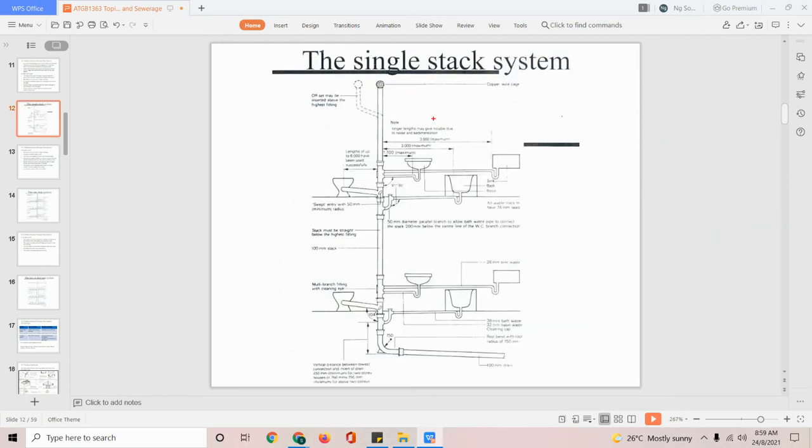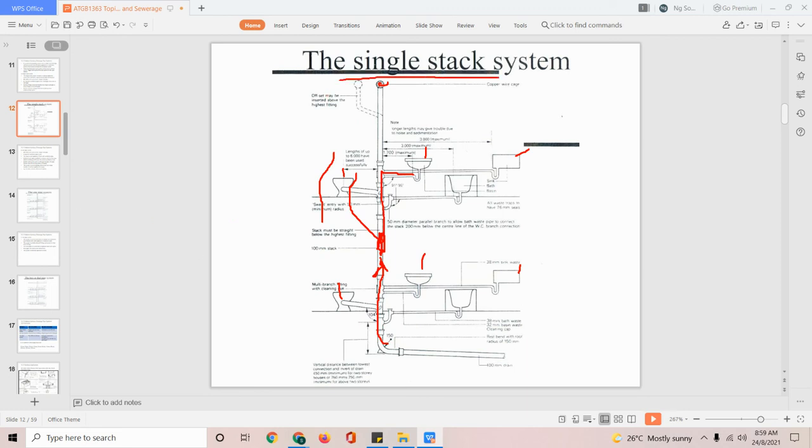Whereas in the single stack system, if you were to work this to the max, meaning you flush, all of them flush, and you open the tap, all of them flowing into this pipe, then if you were to clog up this pipe, due to gas pressure everything will shoot out from your appliances back.